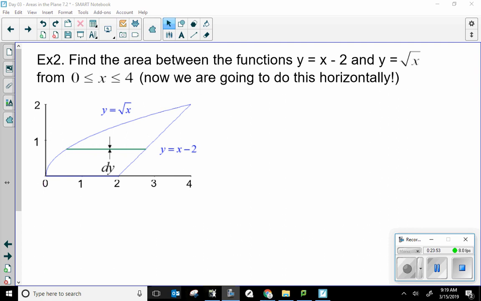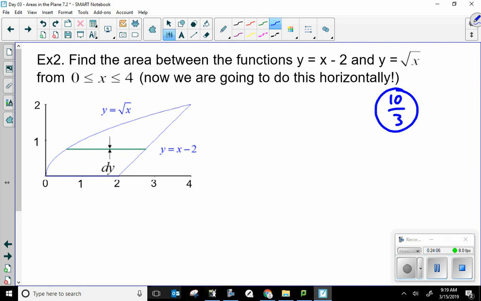Now, example 2, find the area between the two functions, y equals x minus 2 and y equals radical x from the same bounds. We should get the same answer. This was our answer, but we're doing this horizontally. Notice my functions are left to right when I'm doing this horizontally.